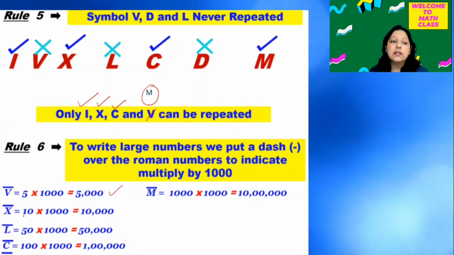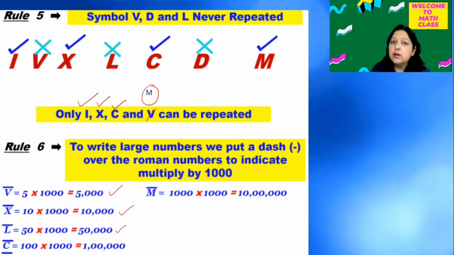X dash, 10 into 1000, 10,000. L dash, 50 into 1000, 50,000. C dash, 100 into 1000, it will be 1 lakh. In this way, we can represent the numbers in terms of Roman numerals.